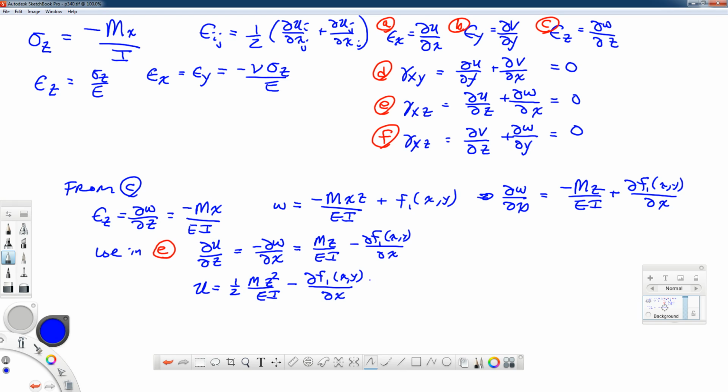So it would be that term times z, but we could also potentially have a second function of x and y.